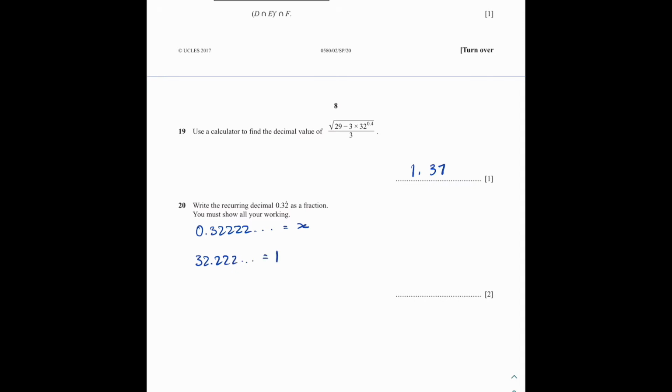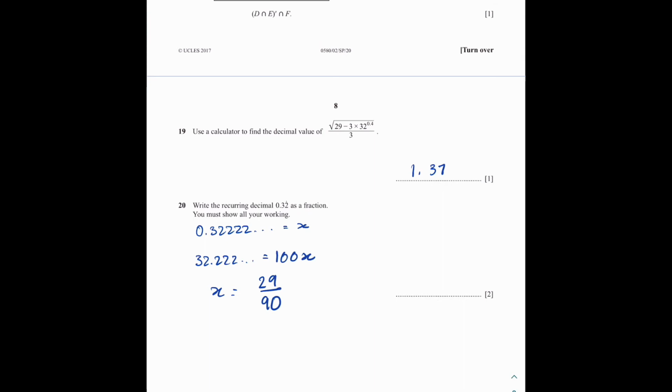Equals 100x. So x is simply 32.22... divided by 100, which is just 29 over 90.